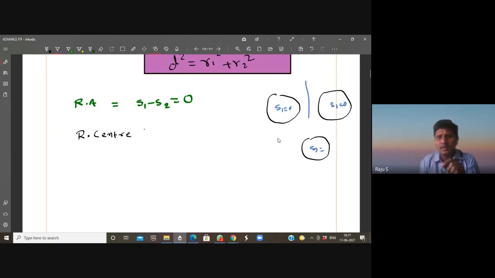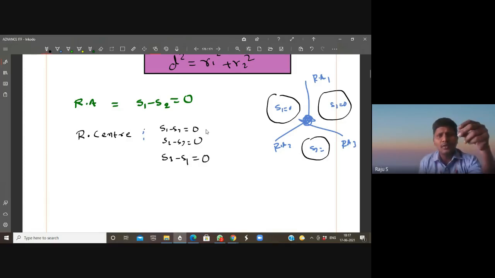This is one radical axis, this is another. The point of intersection of all three radical axes is the radical center. This is radical axis 1, radical axis 2, radical axis 3. You can find any two radical axes and solve them to get the radical center. We get three equations: S1 minus S2 is equal to 0, S2 minus S3 is equal to 0, this is the second radical axis equation, and S3 minus S1 is equal to 0, this is the third. You can solve any two.